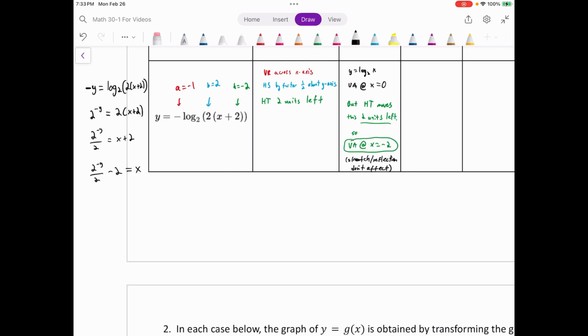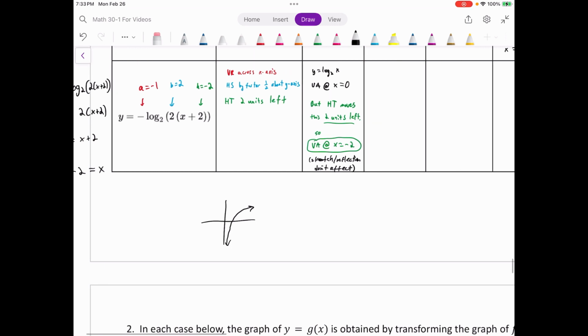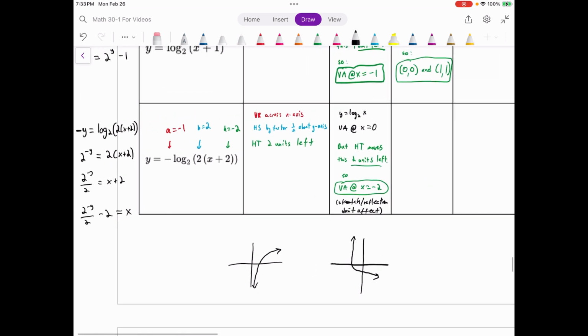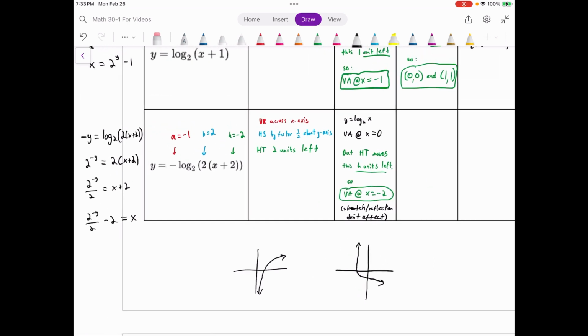Okay, now look. Think about what we were just saying, right? We just said normally y equals log base 2 of x looks something like that, right? So vertically reflecting it is going to make it look something like that. And then horizontally translating it 2 units to the left, overall, ends up looking something like that, okay? We said a vertical asymptote was at x equals -2. So look what happens.